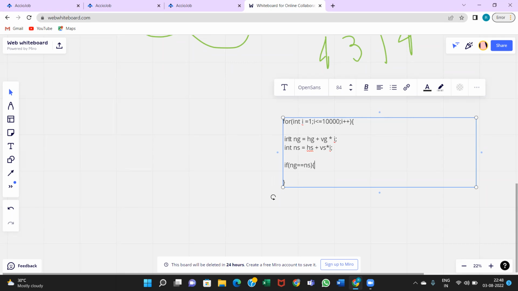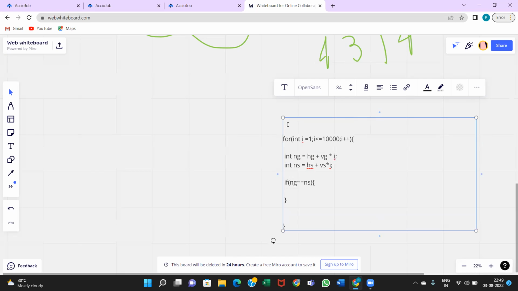You will check if at any point of time Ng equals Ns. In that case, before that, you'll also make a variable flag, which has an initial value of 0. If Ng is equal to Ns, I'll update the value of flag to 1, which means that I got my answer.